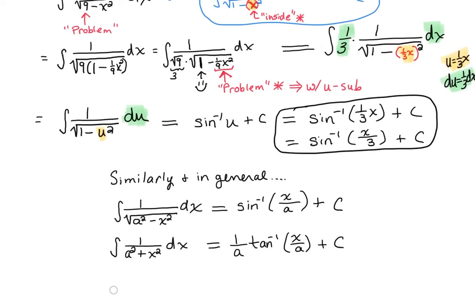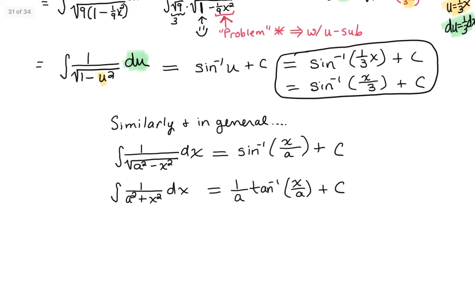And lastly, if you had the integral of 1 over x square root of x squared minus a squared dx, this would come out to be 1 over a secant inverse or arcsecant of x over a plus c.